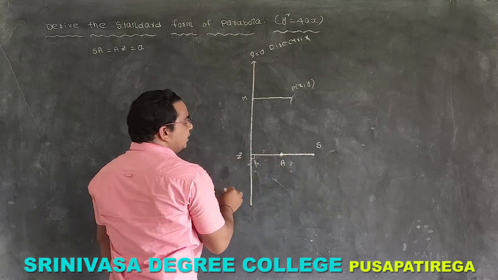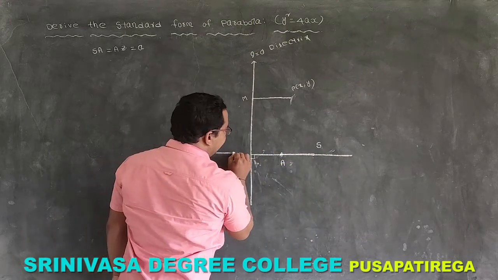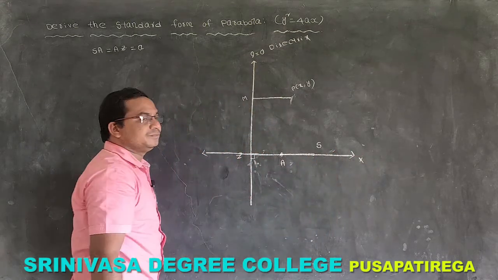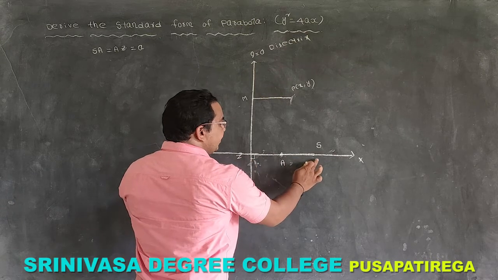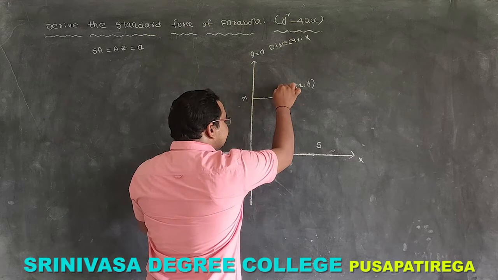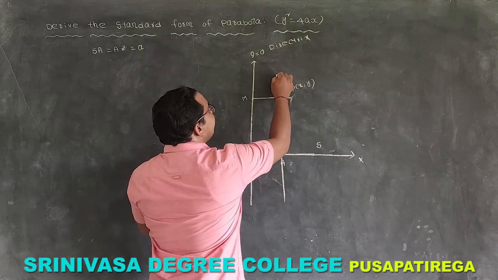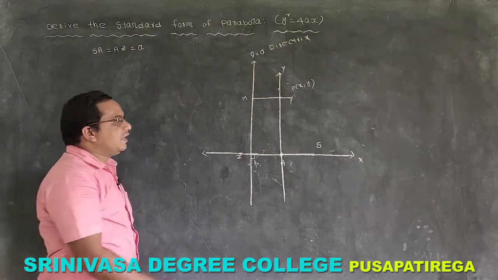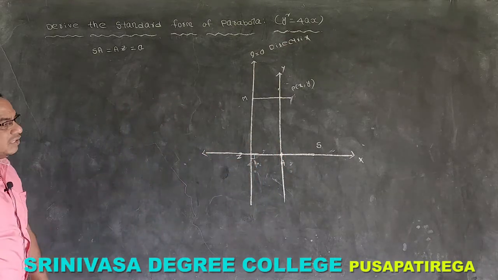The extended line SZ can be taken as the x-axis. Any straight line perpendicular to the x-axis and passing through A can be taken as the y-axis. That's why the point A can be taken as origin.